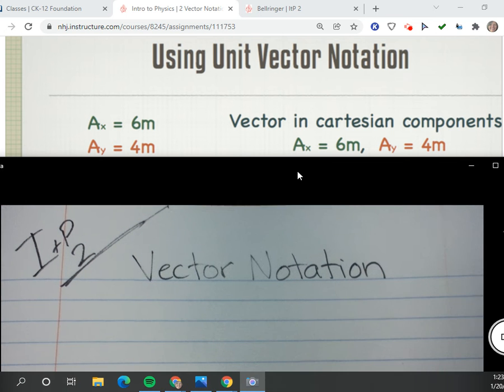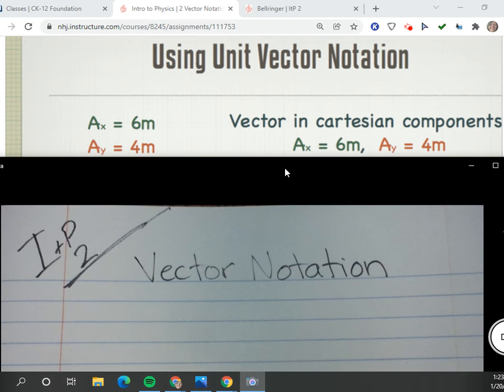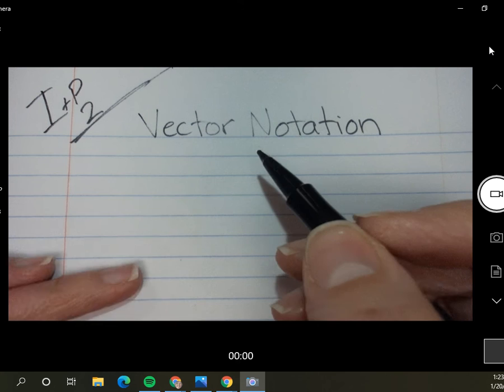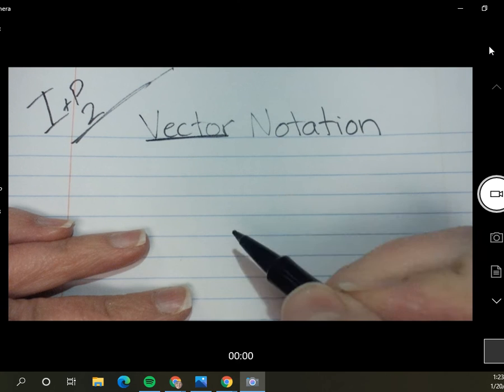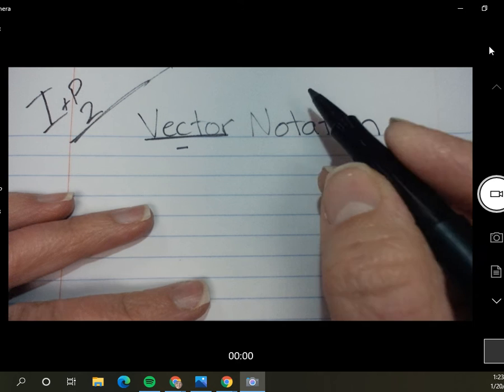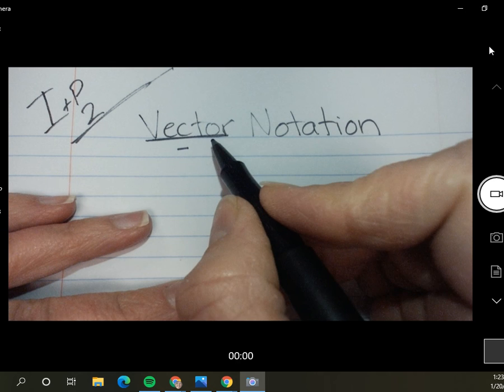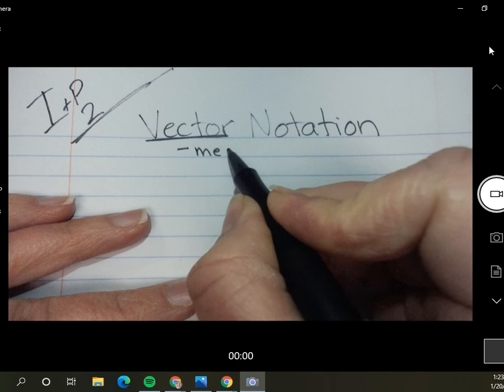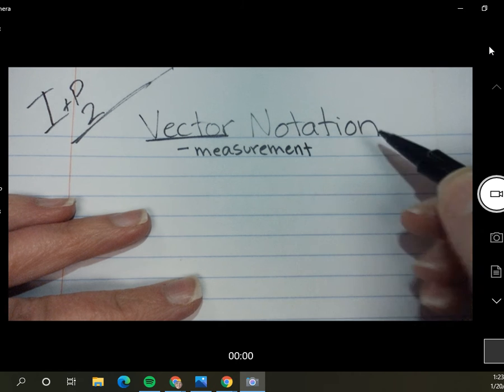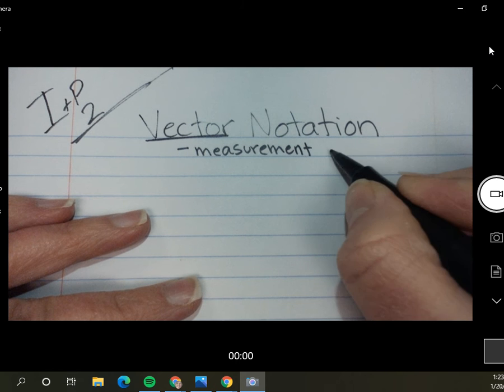Let's go ahead and remind ourselves, what is a vector? A vector has direction, so it is a measurement with size and direction.